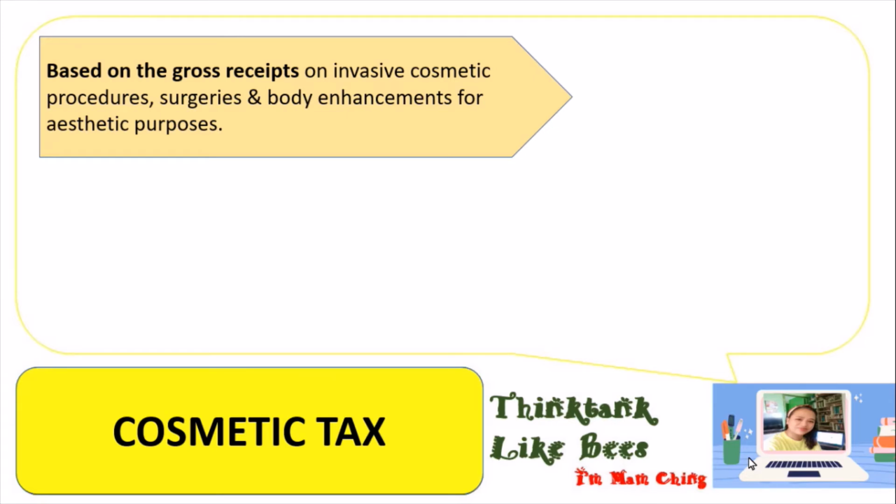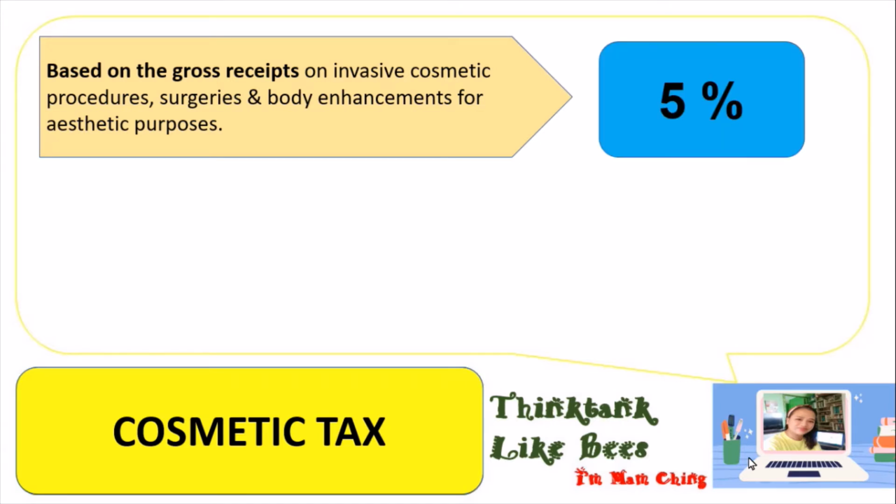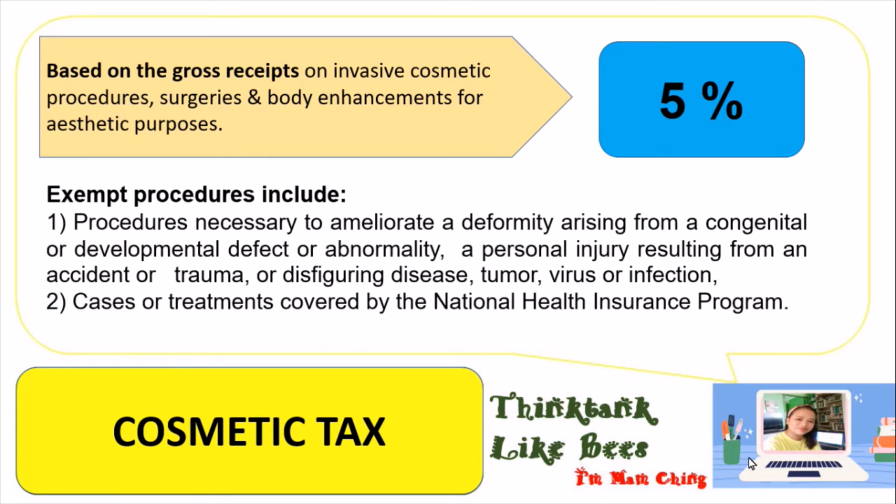Next is what we call the cosmetic tax. It is another tax wherein the basis is the gross receipts on invasive cosmetic procedures, surgeries, and body enhancement for aesthetic purposes. There is a cosmetic tax of 5% for that. But there are two exemptions to the rule.